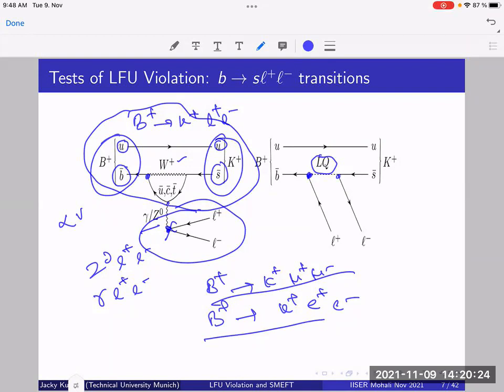But these new physics particles don't have to satisfy lepton-flavour universality a priori. Okay, so for example, a leptoquark can couple unequally to electrons and muons. So there is a possibility that you can break this lepton-flavour universality feature of the standard model in many ways using different types of new physics.